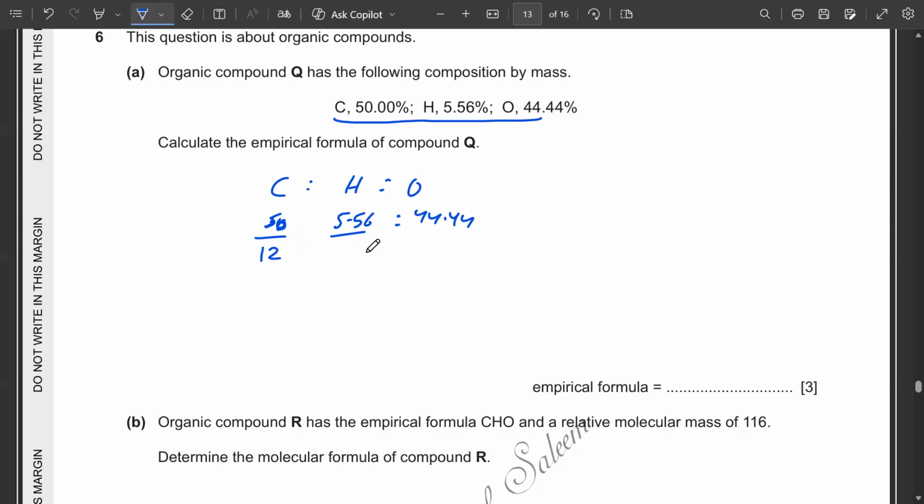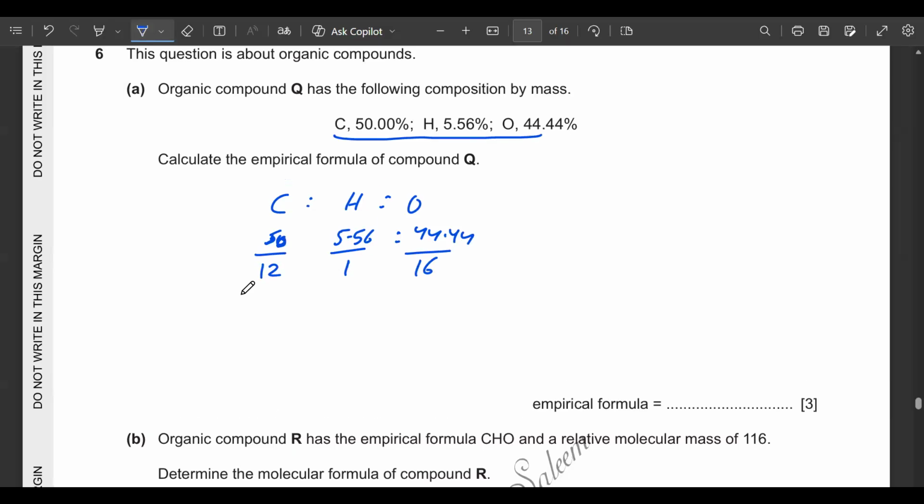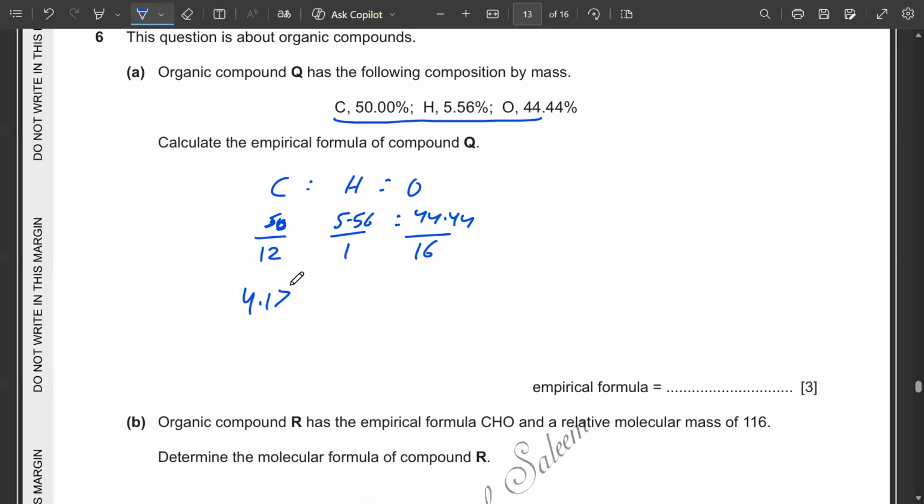For carbon it is 12, for hydrogen it is 1, for oxygen it's 16. So you calculate the values. For carbon, you get 4.17. For hydrogen, it's 5.56. And for oxygen, it is equivalent to 2.78.